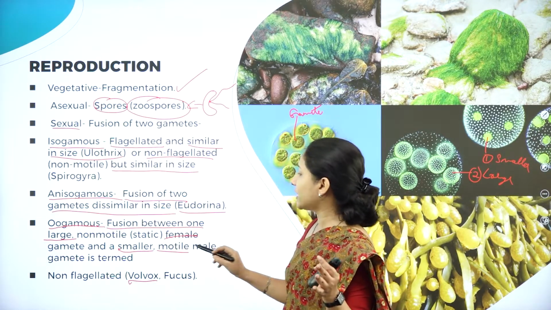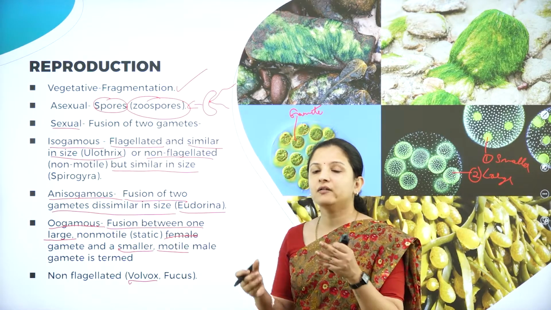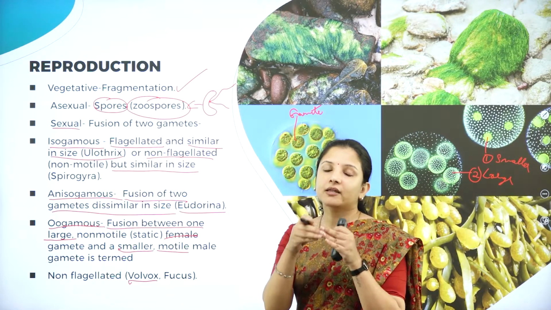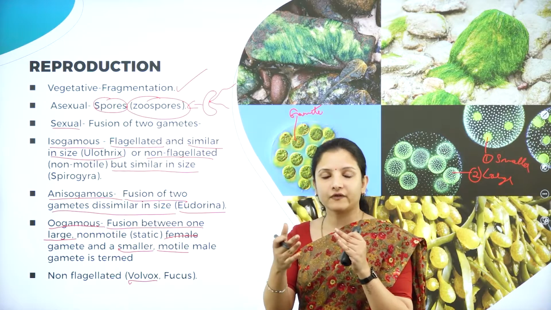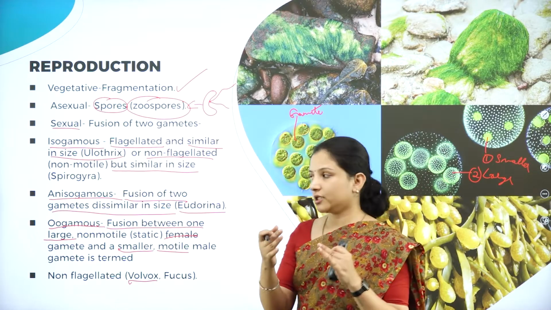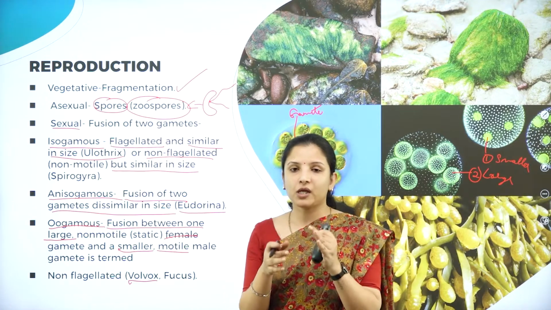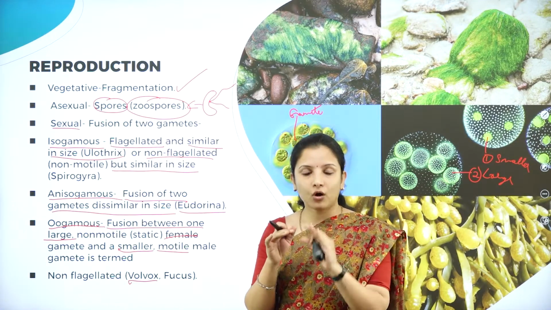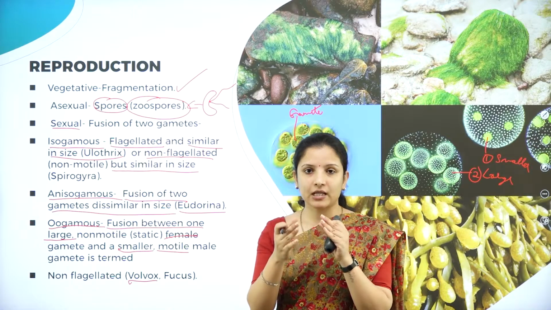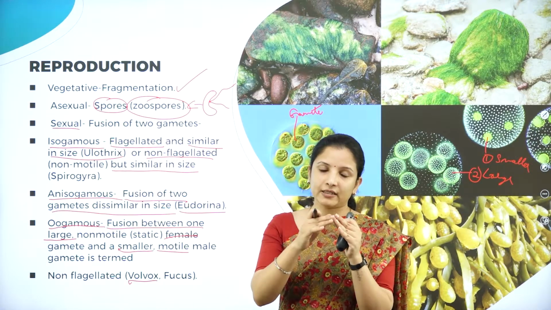The other smaller gamete, which is the male and motile, will move towards the female and then fusion will take place, giving rise to the new progeny. So that is what happens in oogamous.